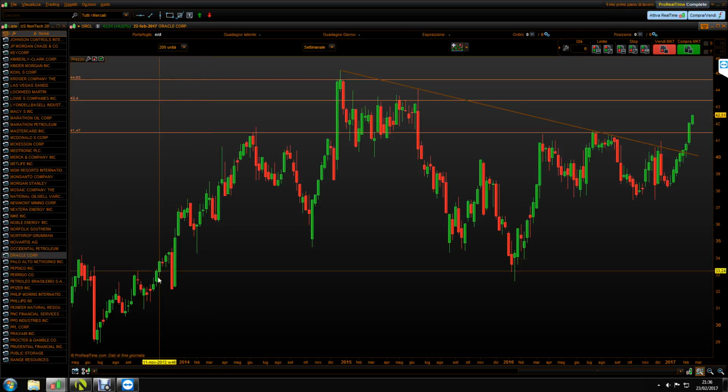If the price reaches the 30 level, it could have one behavior.